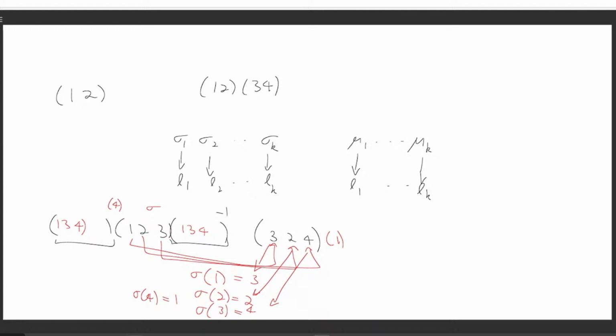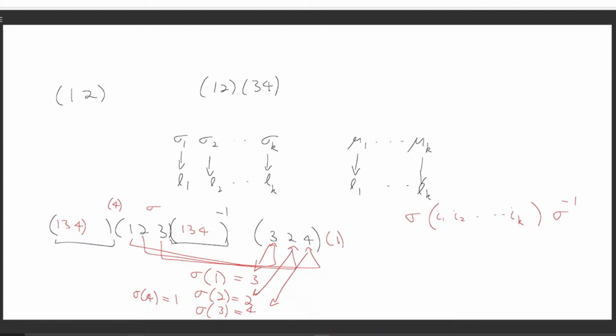In other words, if you are conjugating a cycle (i1 i2 ... ik) by sigma, you can conjugate individual cycles separately, because the conjugate of a product is the product of the conjugates, and those operations commute.